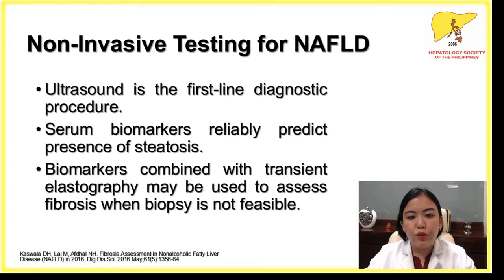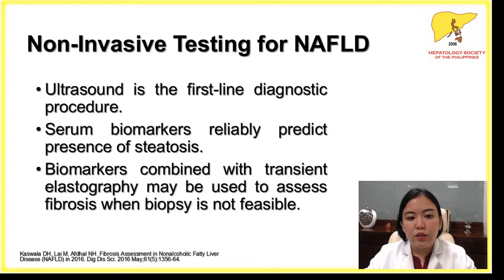Non-invasive tests are used to identify risk of NAFLD, identify those with worse prognosis, monitor disease progression, and predict response to treatment. Ultrasound is the first-line diagnostic procedure because it is widely available and relatively inexpensive.